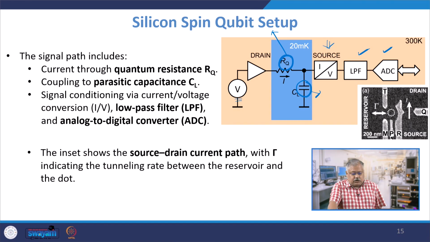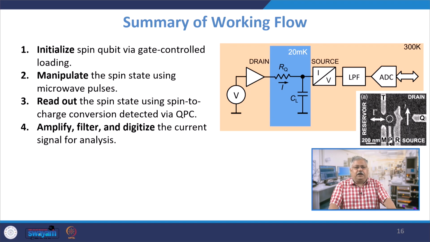Now, the inset actually shows the source drain current path, right. I have a source at this end, I have a drain at this end, and the current flows from source to drain between the reservoir through the dot. So, what we do, we initialize the spin qubit, and we have already seen that we initialize the spin qubit by using a gate controlled state. Then we manipulate the spin state using microwave pulses.